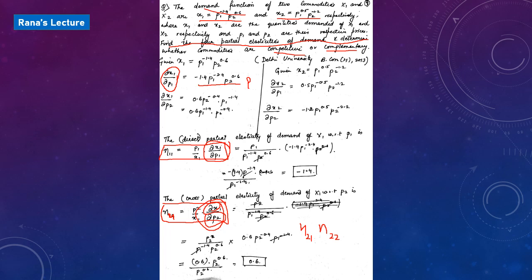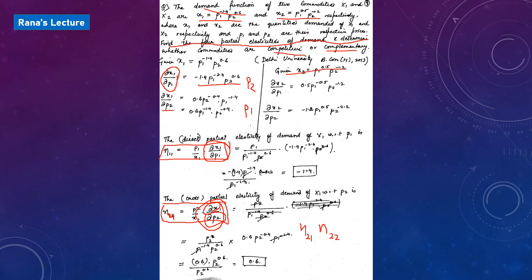Then with respect to p2, p1 will be constant, you differentiate it. Over here p1 was constant, so this will be 0.6 p1 to the power minus 1.4 p2 to the power minus 0.4.